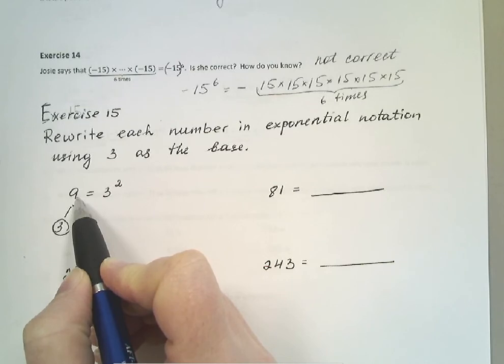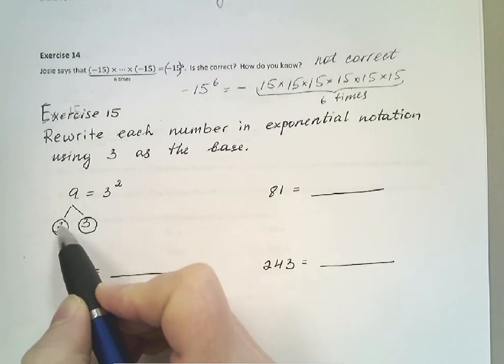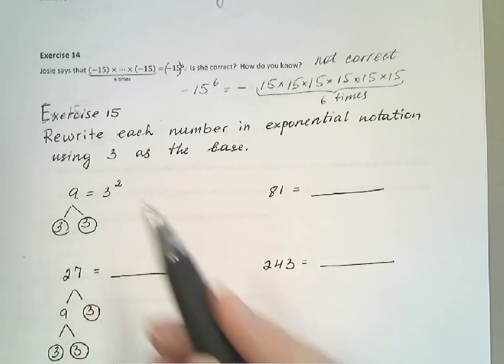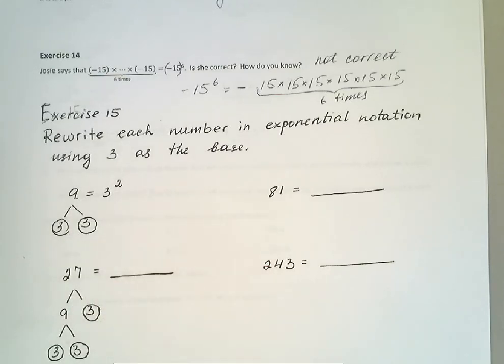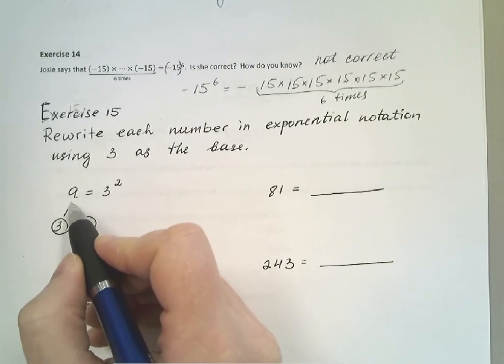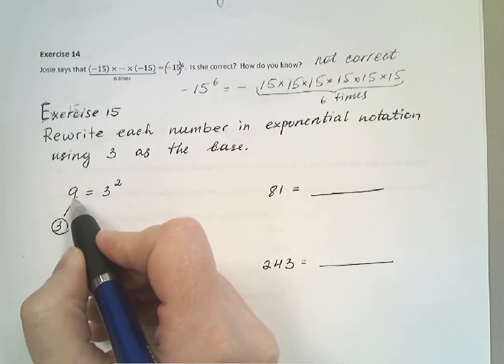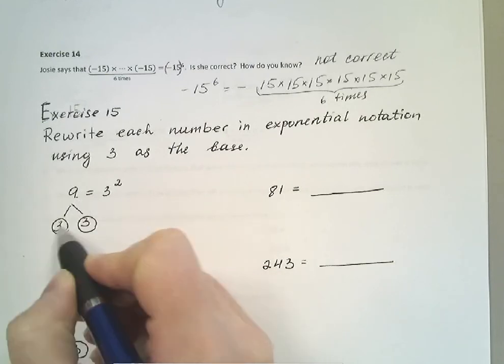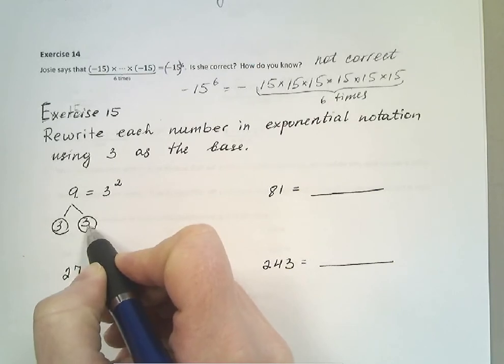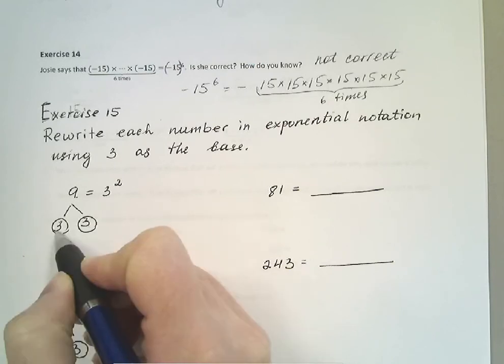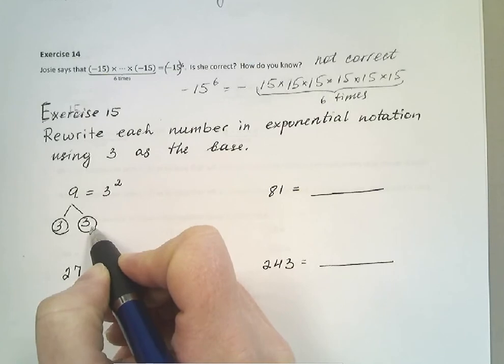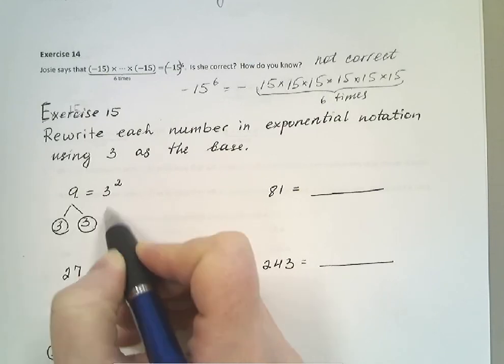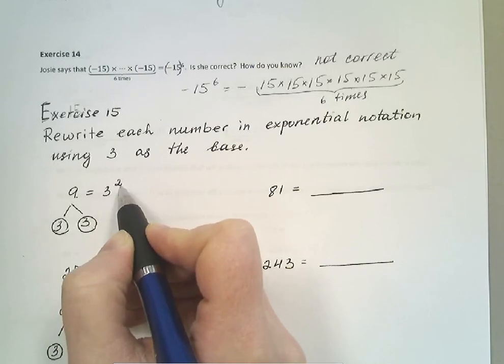I'm going to pretend that 9 is a 3 multiplied by itself, right? So I'm going to make a factor tree out of 9. And I know that 3 times 3 is a 9. So 3 is multiplied by itself twice. That is going to be 3 to the second power.